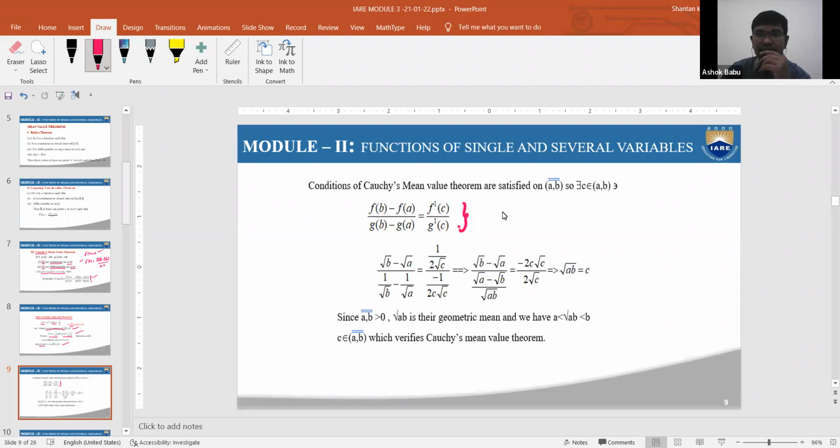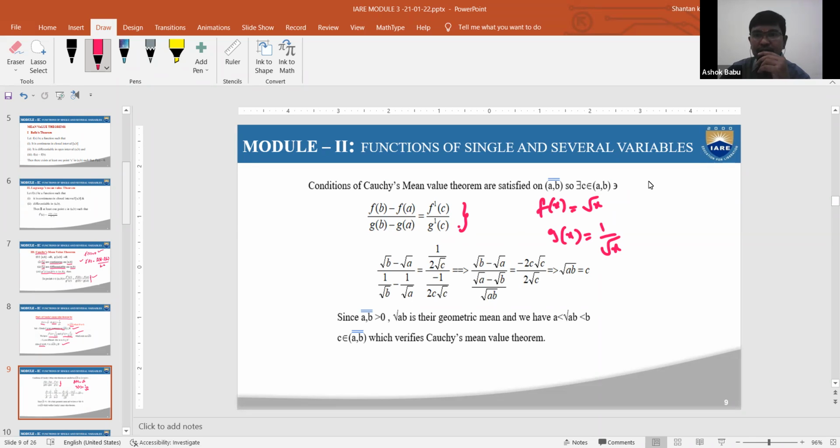Here, first of all, we need to know what f of x is. As already given, f of x is root x. And g of x is 1 by root x, so g dash of x is as we know. Based upon these two, you need to find all the required values.